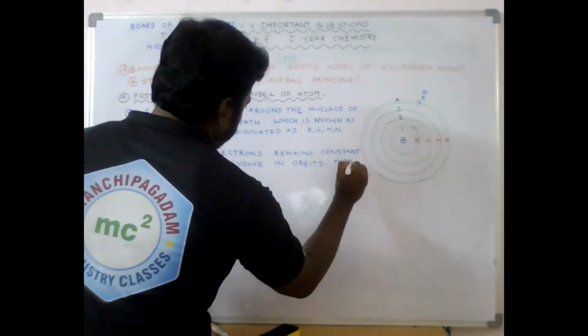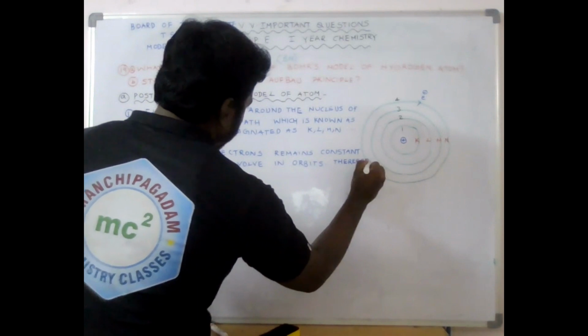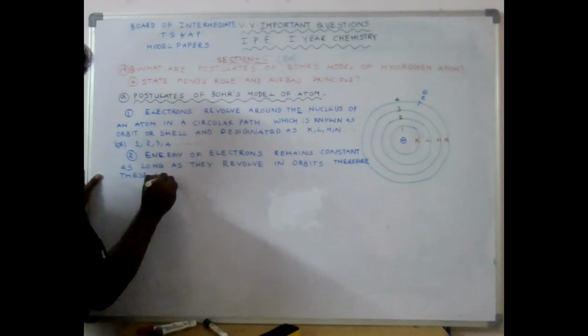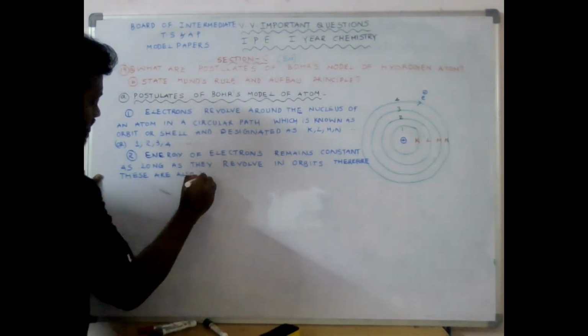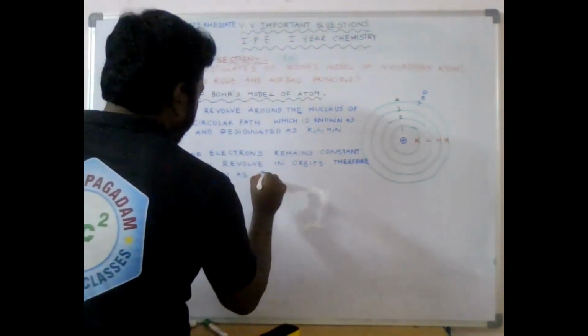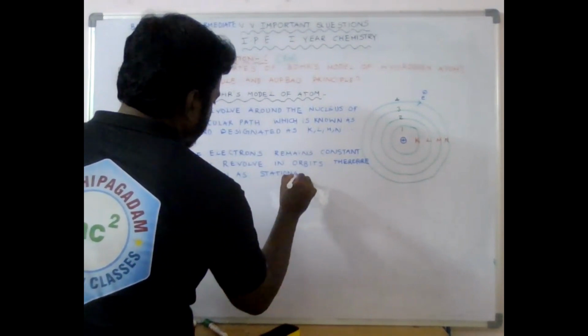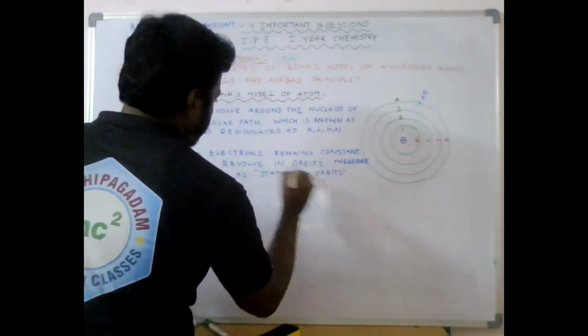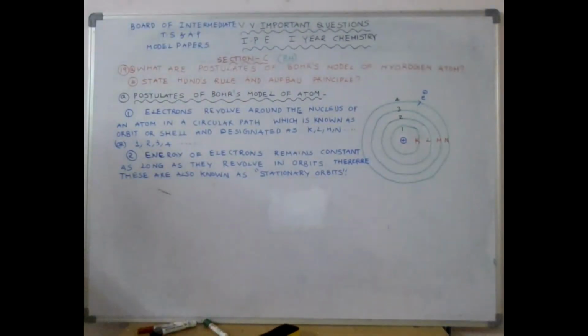Therefore, these are also known as stationary orbits or stationary shells. Because as long as they revolve in the circular path, there is no emission of energy and no absorption of energy. That means they are not taking energy and not giving energy.